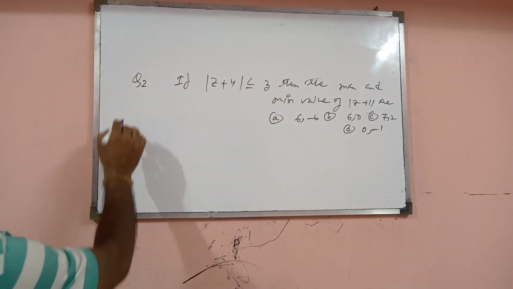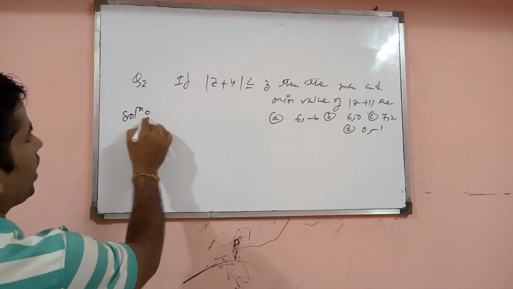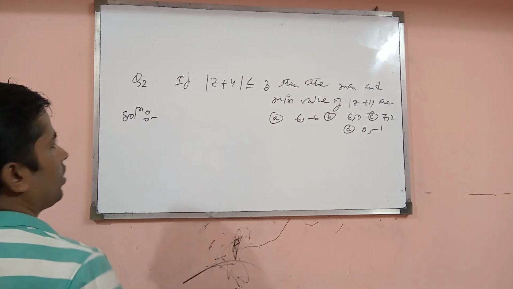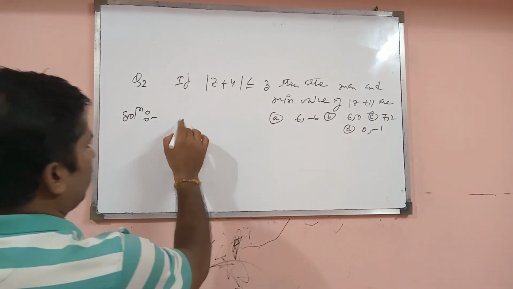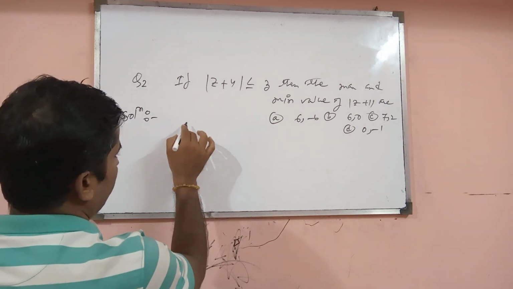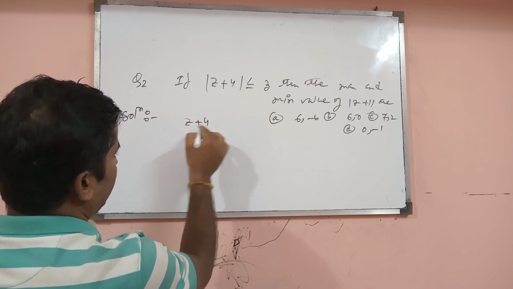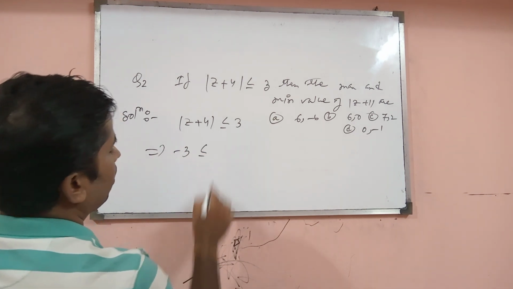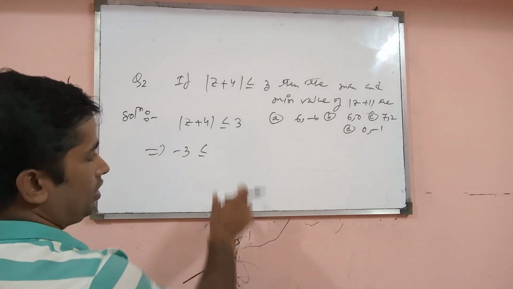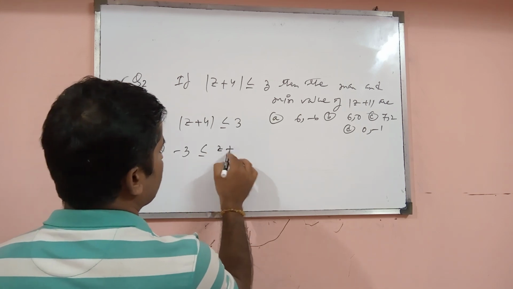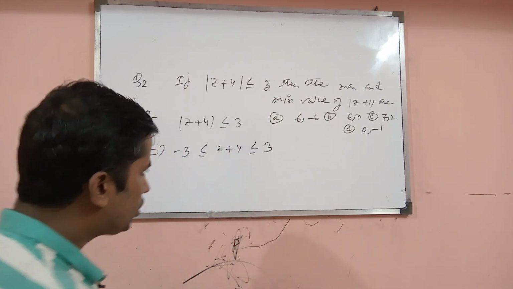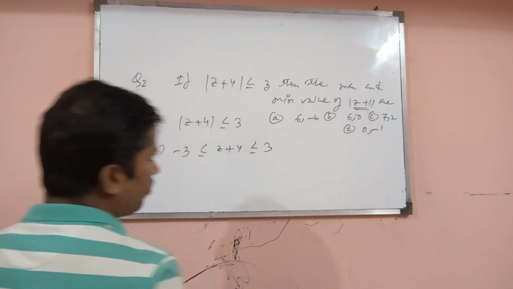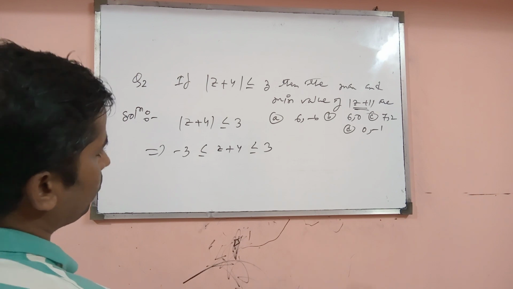Okay, so the given condition here is mod z plus 4 less than or equal to 3. What shall it imply? It implies minus 3 less than or equal to z plus 4 less than or equal to 3, based on inequality. But our target is to find z plus 1, under mod.